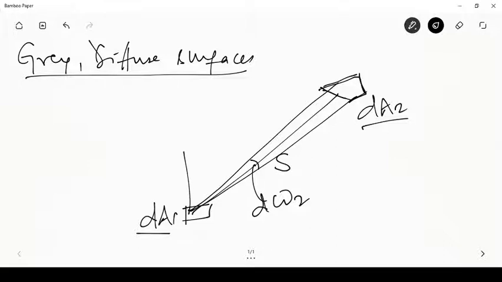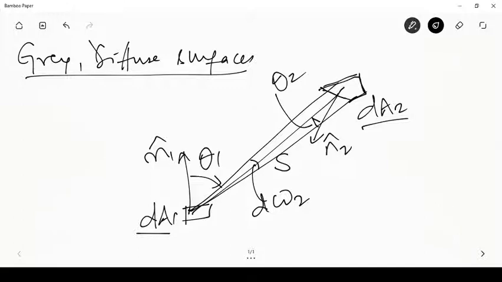So if this is the normal n1 vector to surface 1, and if this is the normal n2 to the surface 2, okay, and the angle this one makes, let us say, is theta 1, the angle this one makes is, let us say, theta 2.